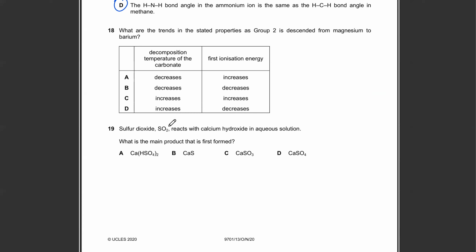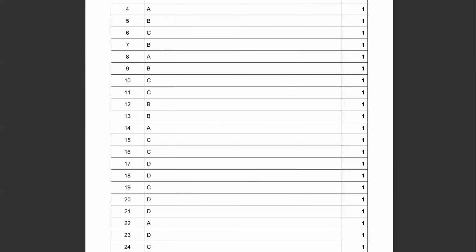Calcium hydroxide and sulfur dioxide. Is it C? Calcium sulfide, yeah. I don't know what he means by first formed. That's the only thing that's going to be formed. Let's just check 19. C. Yeah, that's fine.